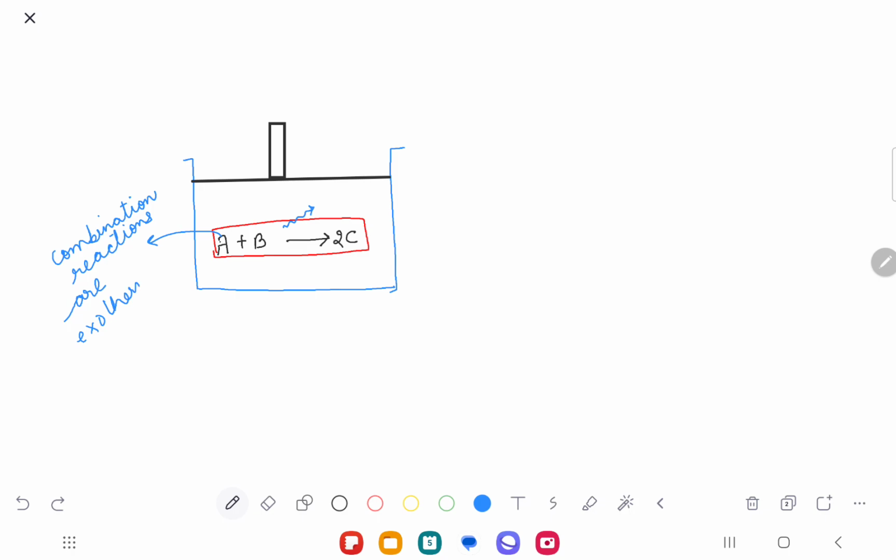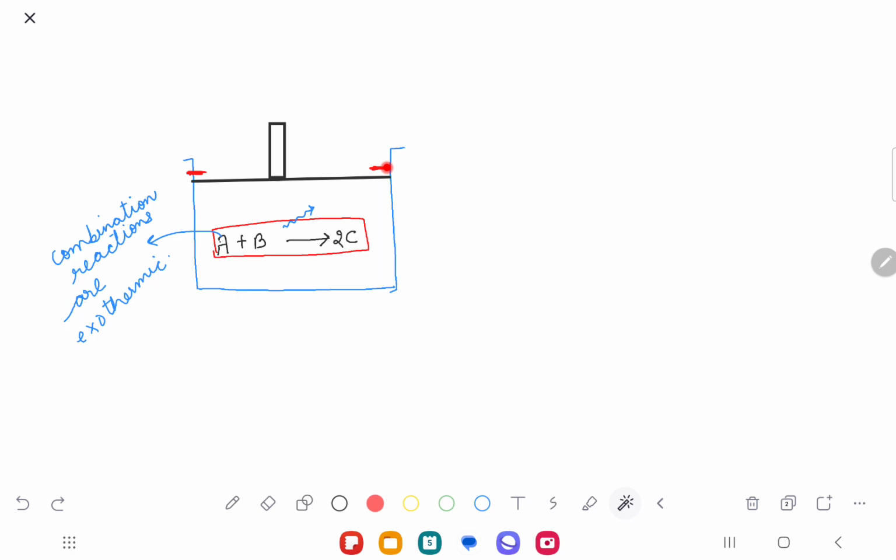But I hope you're understanding that this exothermic reaction, which is being carried out in this particular beaker, the heat is being released in a closed container. And when the heat is being released in this closed container, what does that mean? Just tell me.